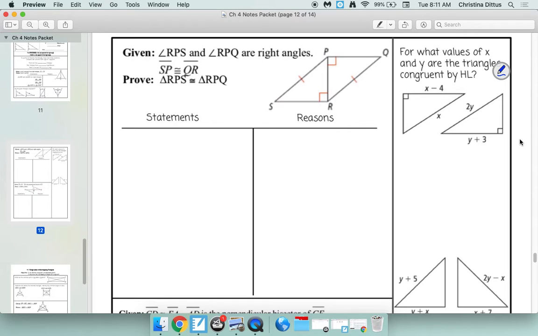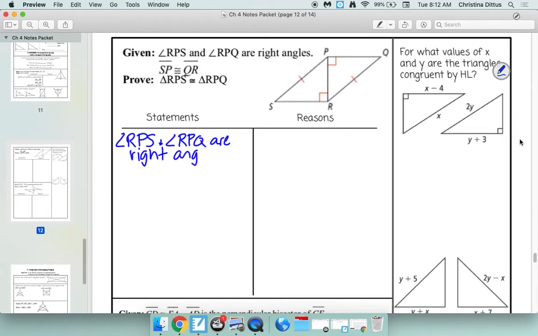Anyway. Alright. Let's look at our proof first. It says we were given that angle RPS and angle RPQ are right angles and that SP is congruent to QR. What should I write down first and why? RPS and RPQ are right angles. What a good idea. Angle RPS and angle RPQ are right angles.